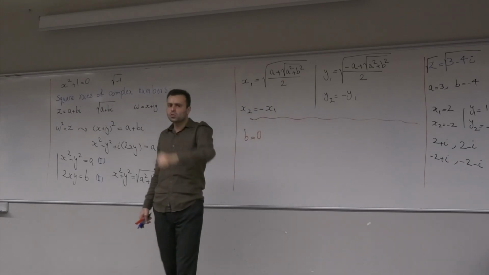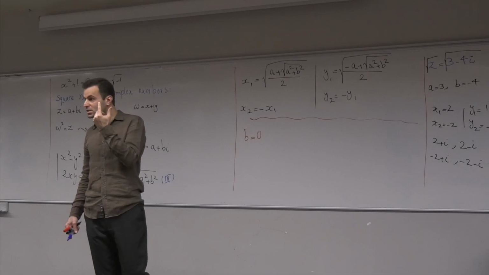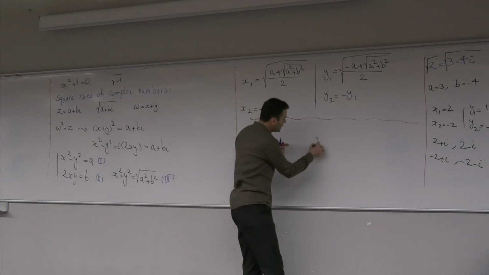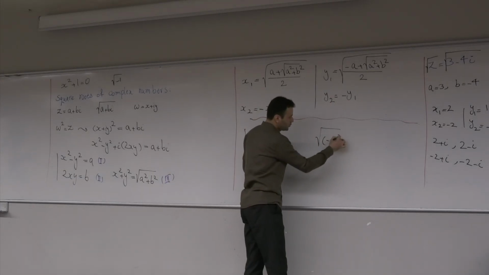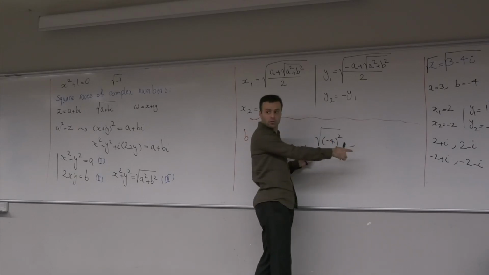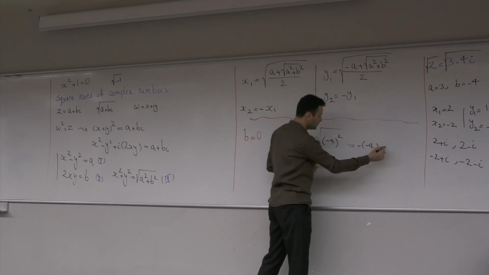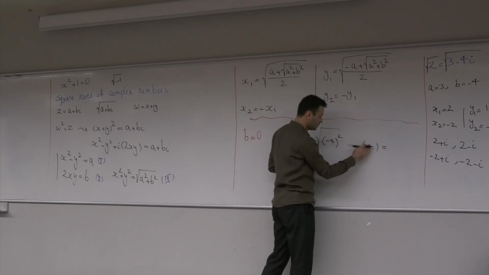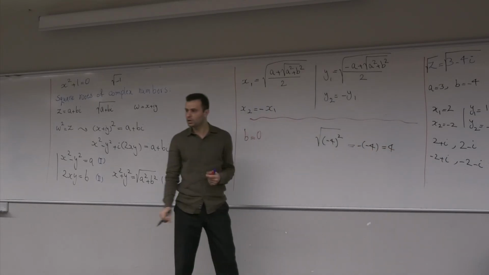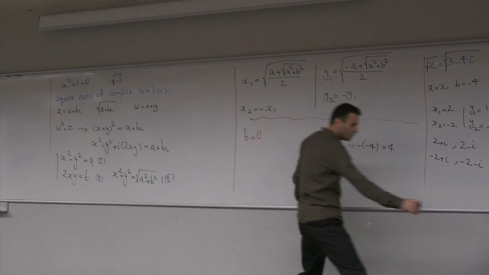What is the square root of a squared? a or minus a? If a is a negative number, then what will happen? This means that if you have minus 4 to the power of 2, we never say that this is going to be minus 4, right? It's going to be 4. So we need to be careful about the sign of a, first of all.